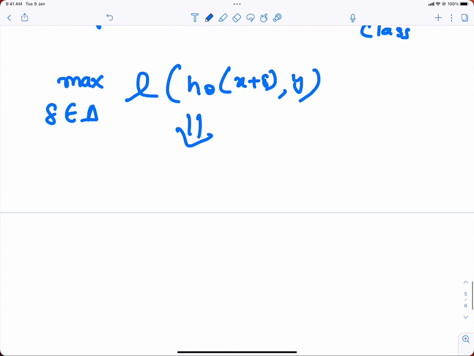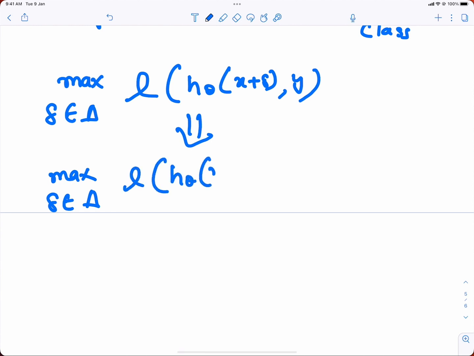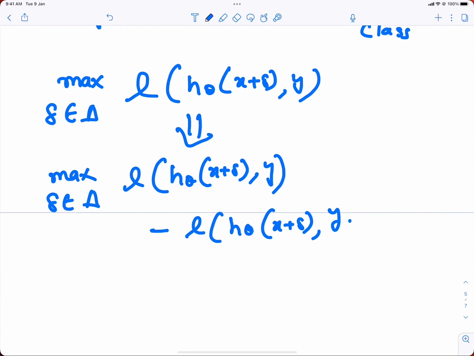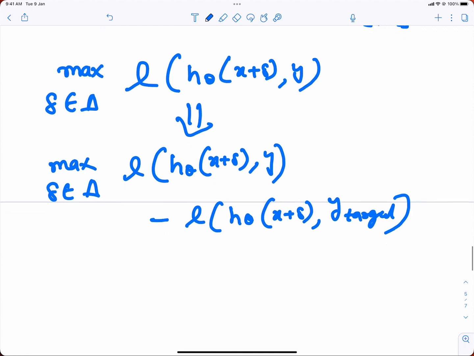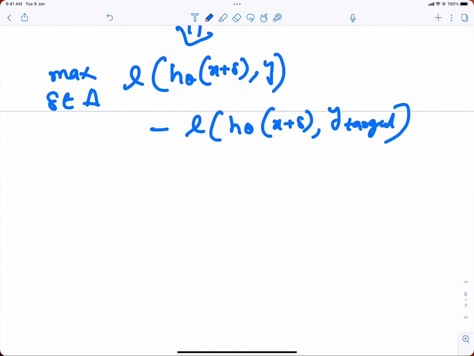So we write: maximize over delta in the set of perturbations the loss of h theta of x plus delta with respect to y, minus the loss of h theta of x plus delta with respect to y target. We have subtracted the loss with respect to the y target, so that will be reduced.